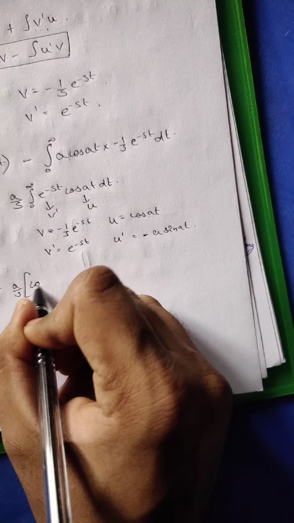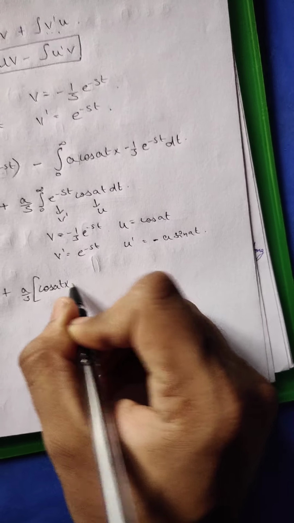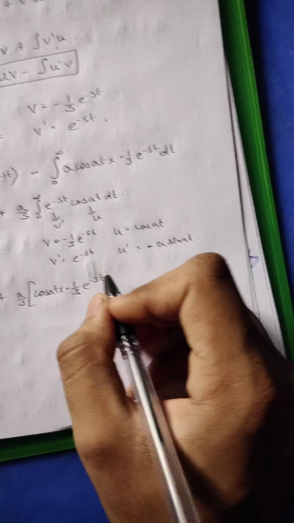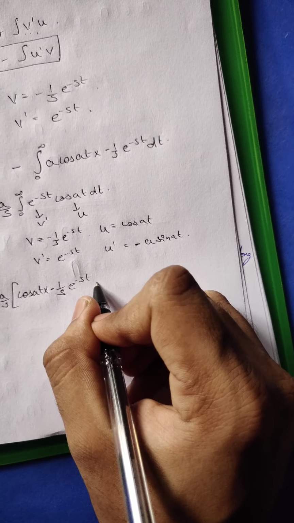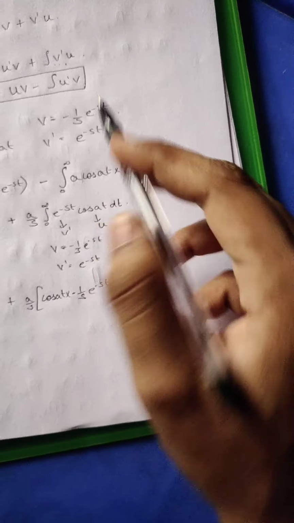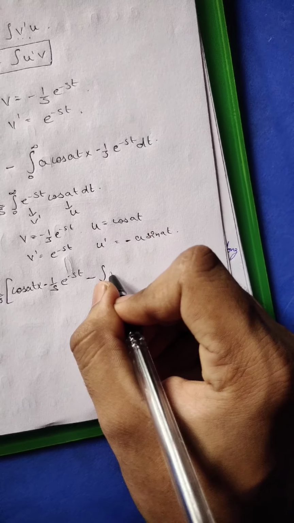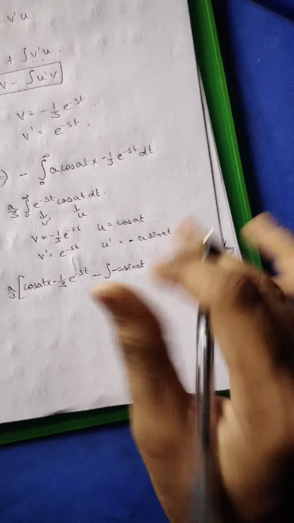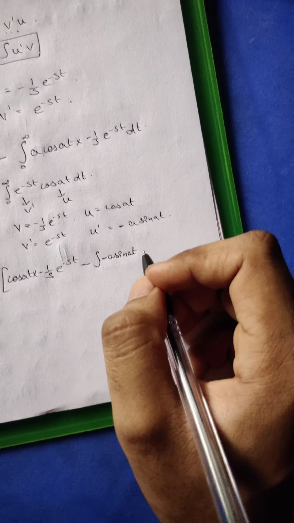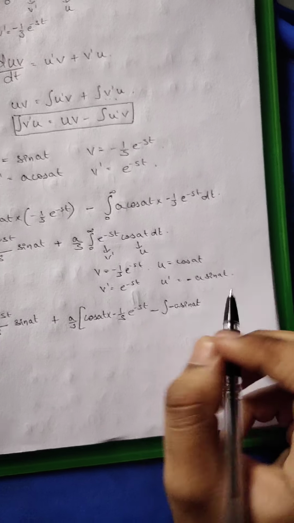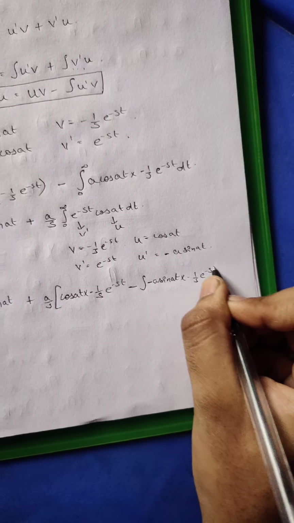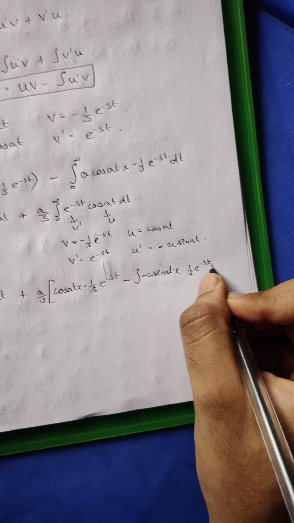Cos at, into minus 1 by s e power minus st, minus the integral of u dash, which is minus a sine at, into v, so our v is again minus 1 by s e power minus st dt.